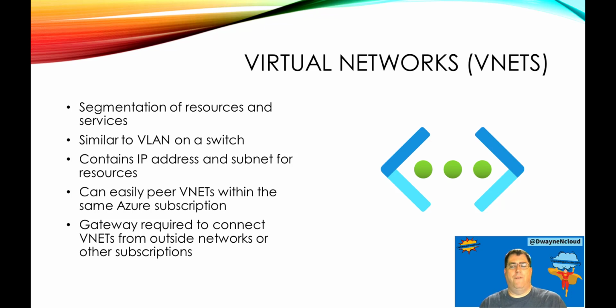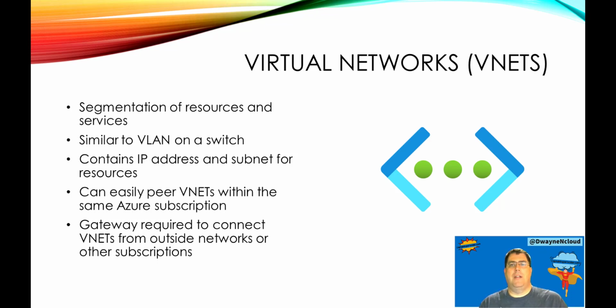A key component around VNets is that there's no cost to creating VNets. You can create as many VNets as you want within your environment, and there's no cost to that. There is the transmission and bandwidth cost that goes along with any of the Azure resources and how you're interacting with Azure anyway.